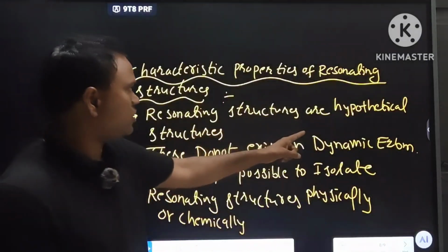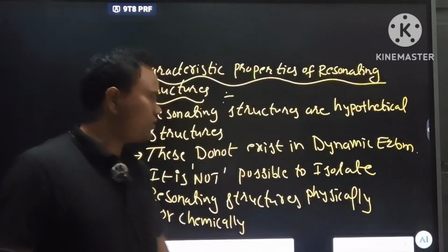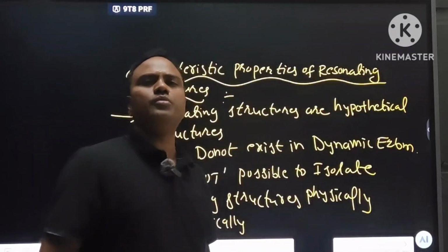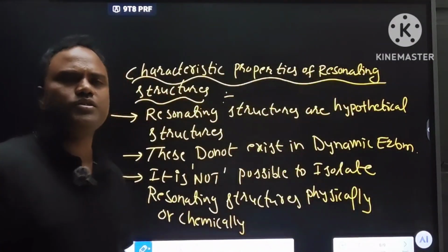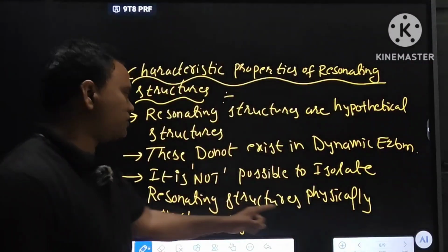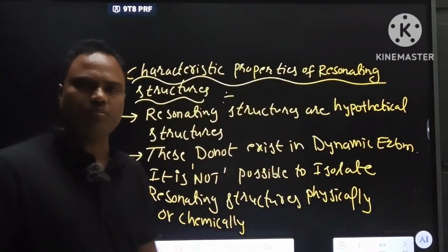Resonating structures are hypothetical, imaginary structures only. They do not exist in dynamic equilibrium because they are hypothetical. It is not possible to isolate resonating structures physically, by using physical methods or chemical methods.